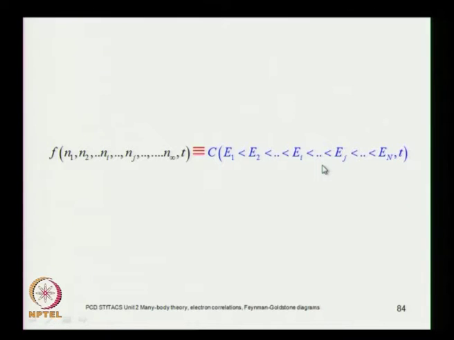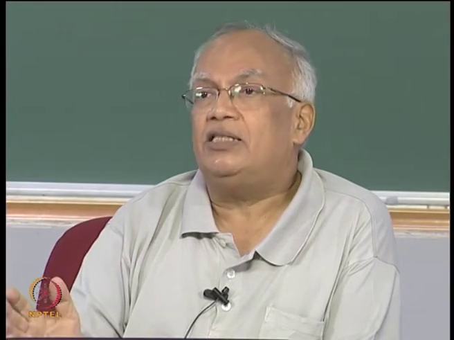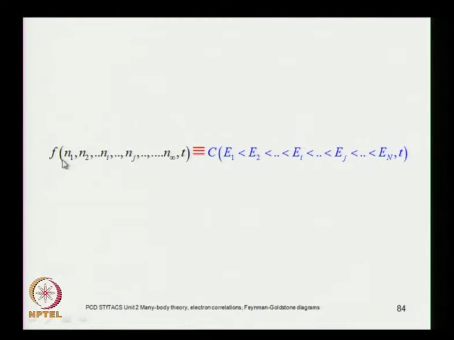Those which are occupied. Those are the ones which come in those coefficients. There is also a time dependence, because our single particle states are completely independent of time. All the time dependence is in this coefficient c. So, there is a time dependence in the function f, which is a function of all of these occupation numbers, and these two coefficients are completely equivalent.